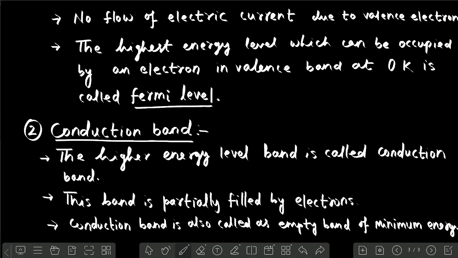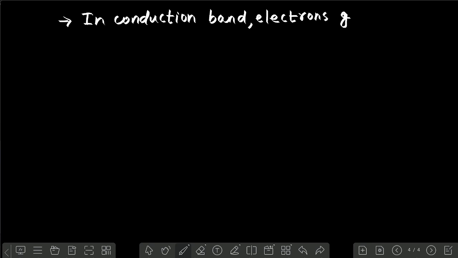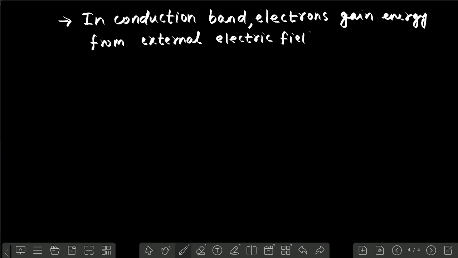Next one, write: in conduction band, electrons gain energy from an external source or external electric field.